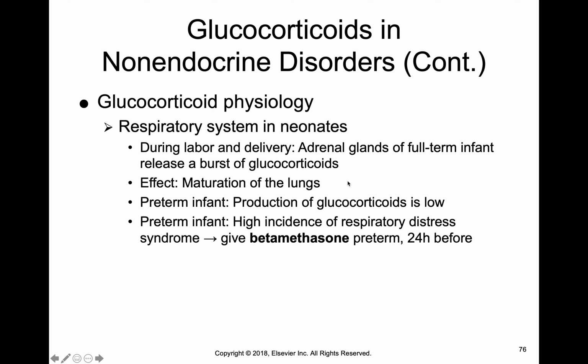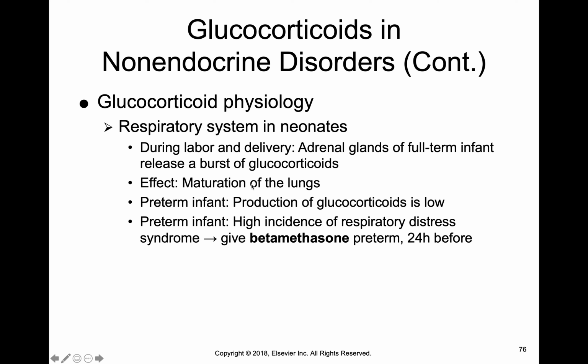In neonates, the adrenal glands will release a burst of glucocorticoids that helps with breathing in a full-term infant, and steroids as part of a stress response help to cause lung maturation.